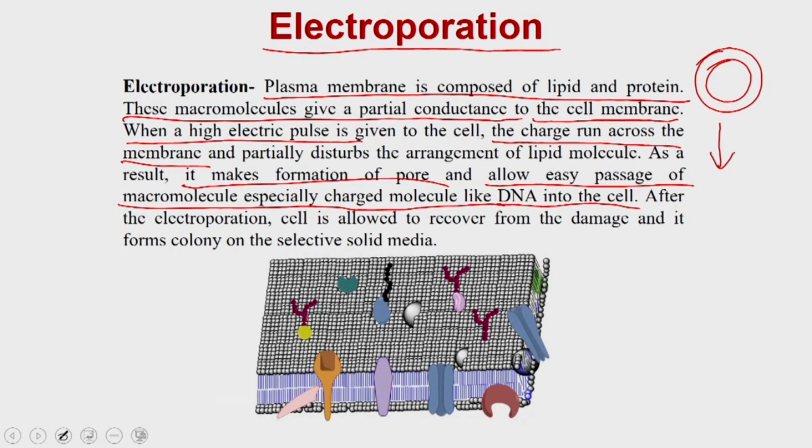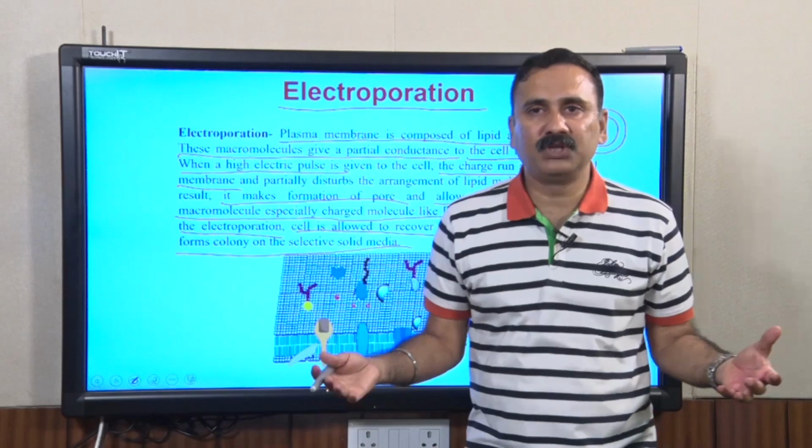You can imagine that some pores are going to be formed, and those pores are good enough for the entry of DNA, especially charged particles. After the electroporation, the cell is allowed to recover from the damage, and it will form colonies just like what we discussed in the case of transformation.